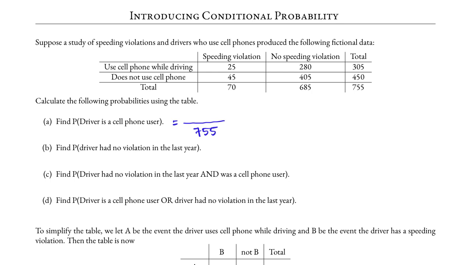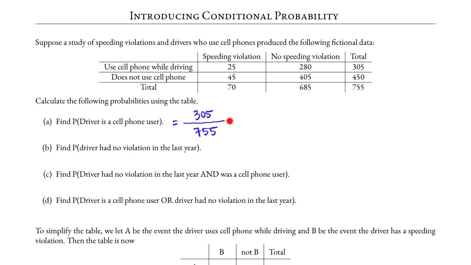Out of these 755 people, how many of them use a cell phone? Whether they have the speeding violation or no speeding violation, the total number of people who use a cell phone while driving is 305. And so the answer is 305 over 755.